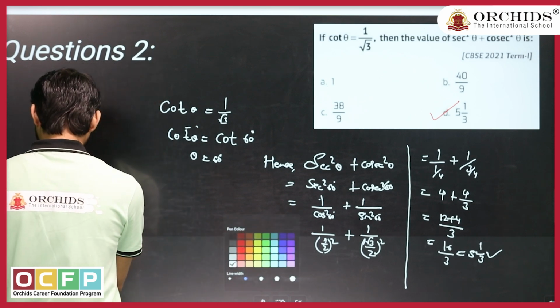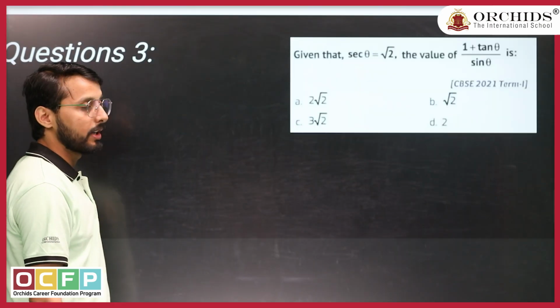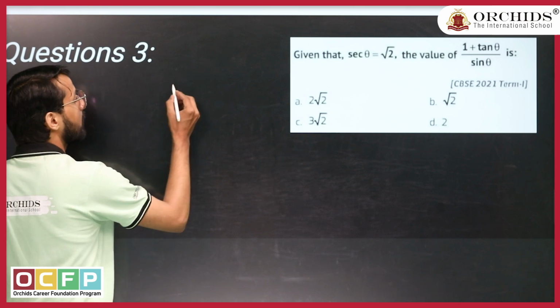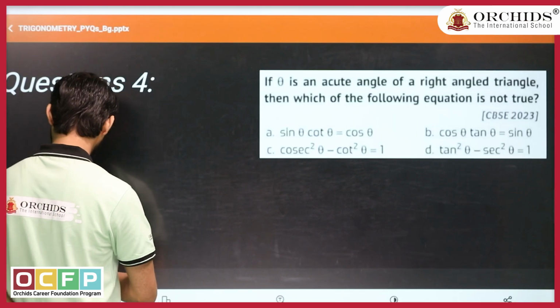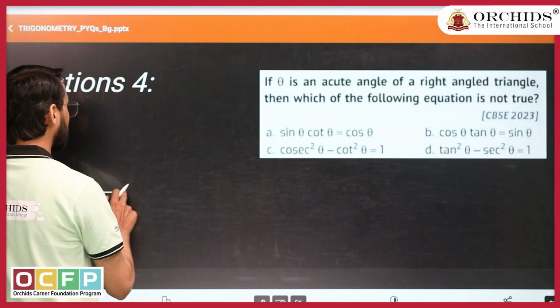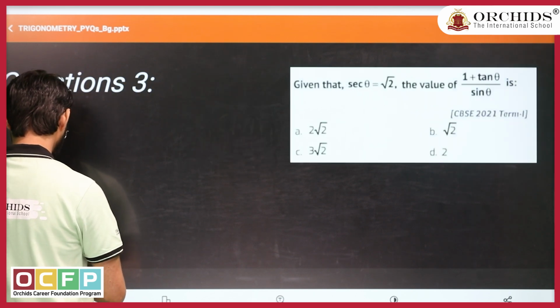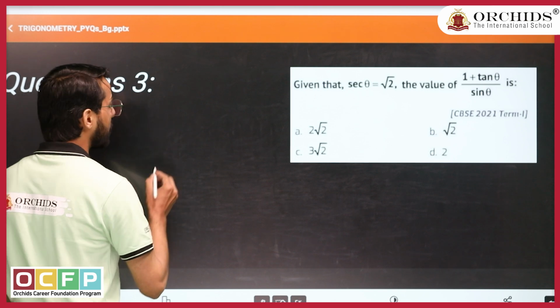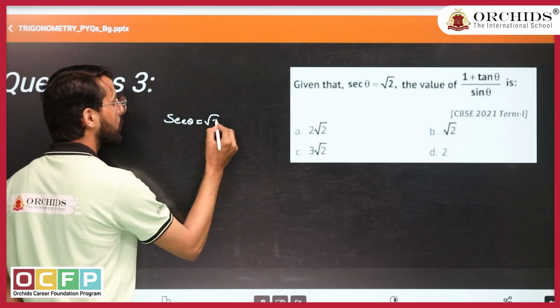In this same scenario, the next question will be, again the angle question they have given, secant theta. So again we will go with the same pattern. What is the pattern? The pattern is, since we started with the angle value, so it is secant theta equals to root 2.